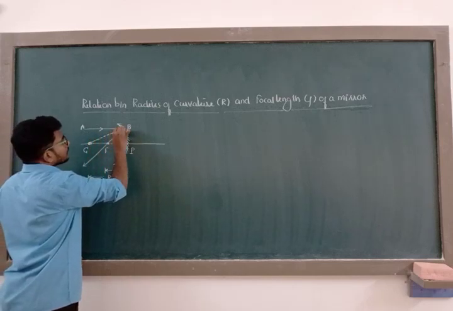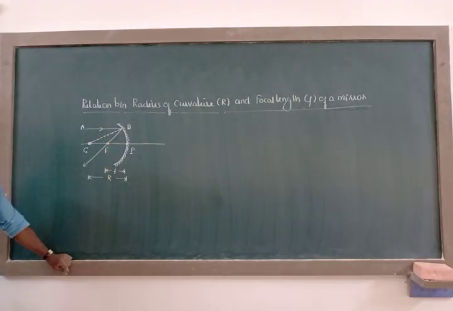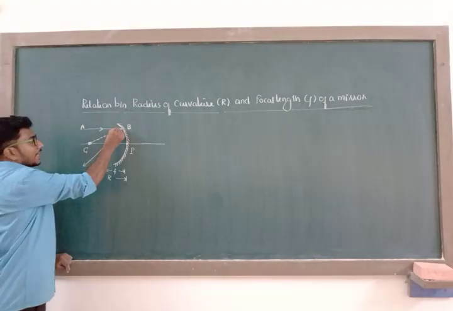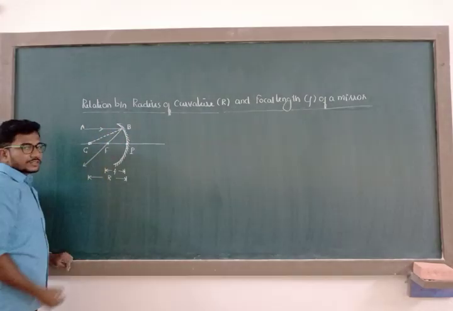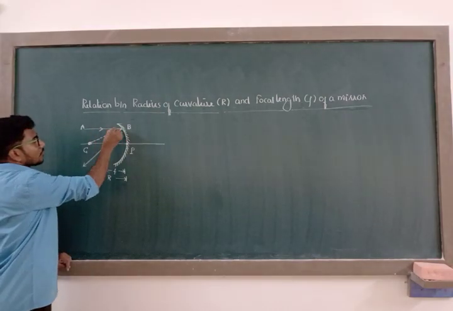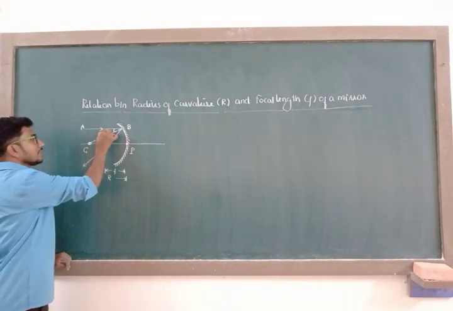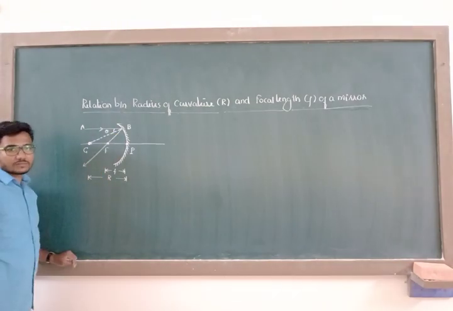So this dotted segment represents normal at the point of incidence. Let us say theta be the angle of incidence. So angle of incidence is nothing but angle between incident light ray and the normal at the point of incidence, this angle. So this angle is equal to theta.